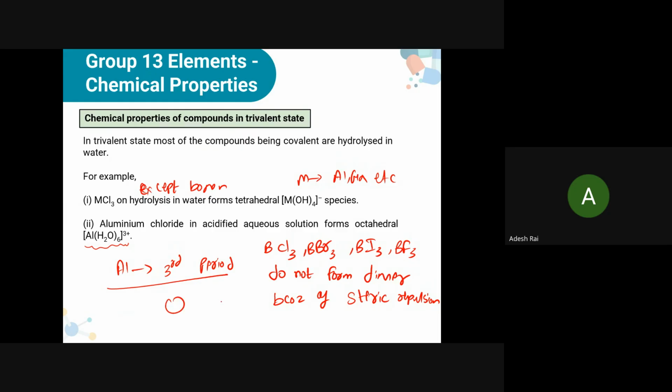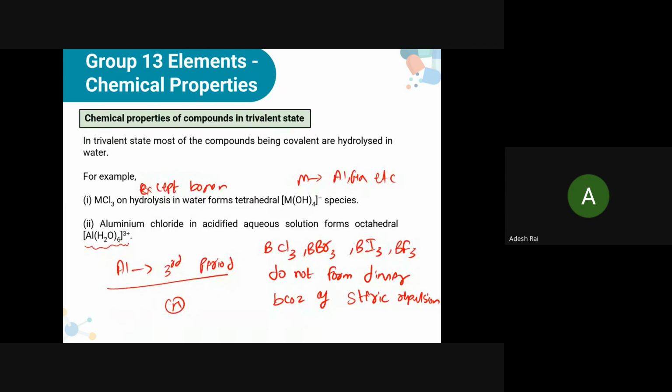If you compare chlorine and hydrogen, which atom is bigger? Obviously, chlorine. Hydrogen is a very small size atom, so steric repulsion won't take place. So banana bond can be formed easily.